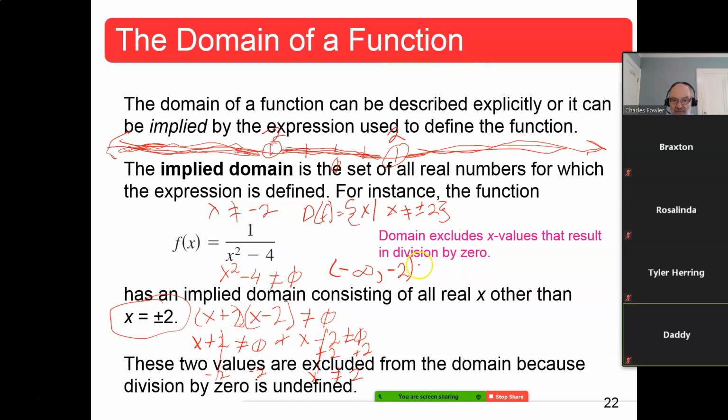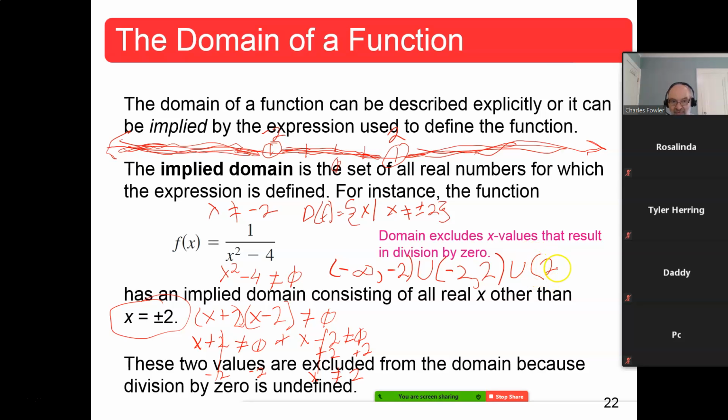And then we use the symbol union that with, pick up just past negative 2, but don't include negative 2. So another parenthesis there, negative 2, and you go all the way to positive 2. But don't include positive 2 because that's not included either. Union that with this part over here, and that picks up at positive 2 but does not include it.